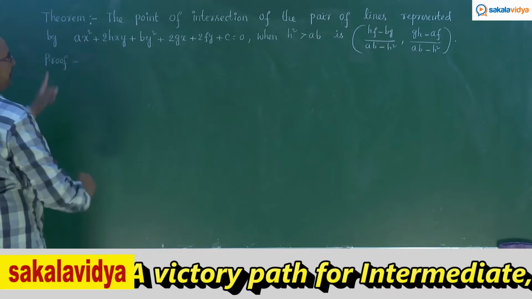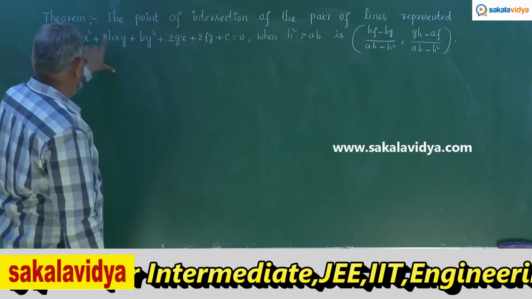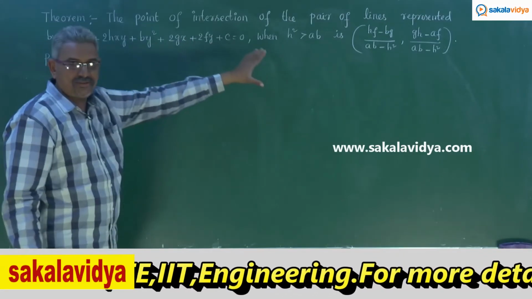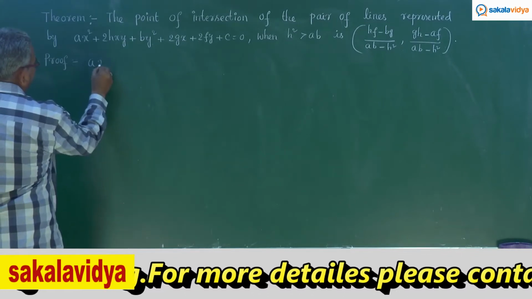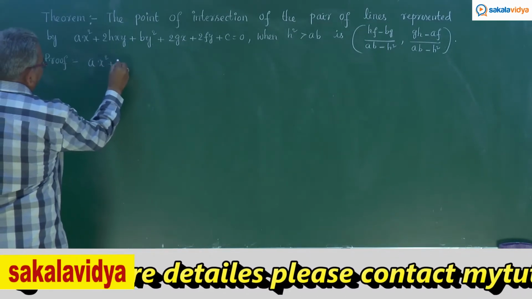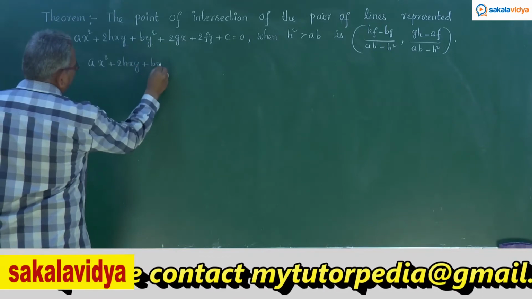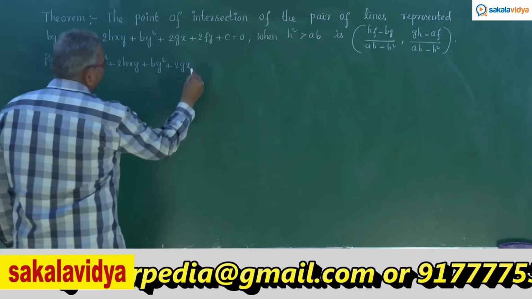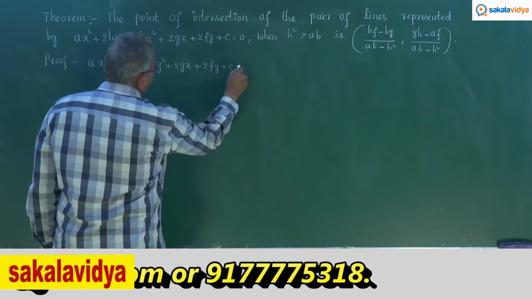Here, given this is ax square plus 2hxy plus by square plus 2gx plus 2fy plus c equals to 0.